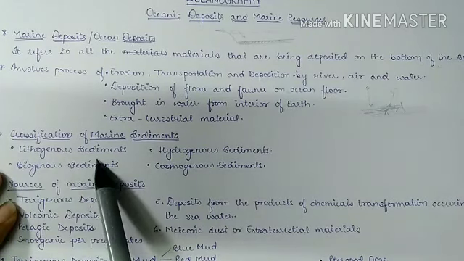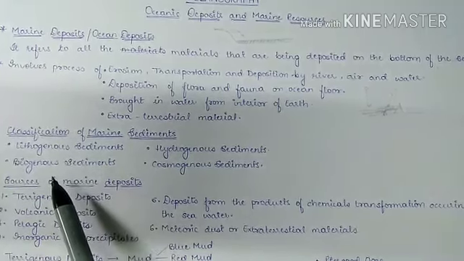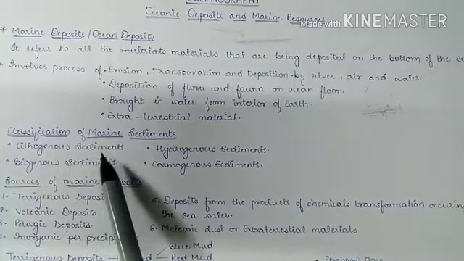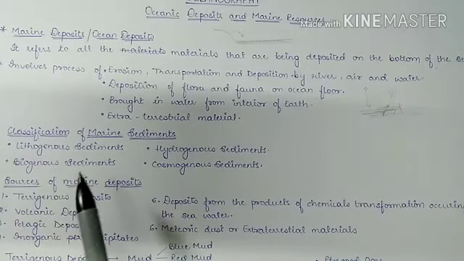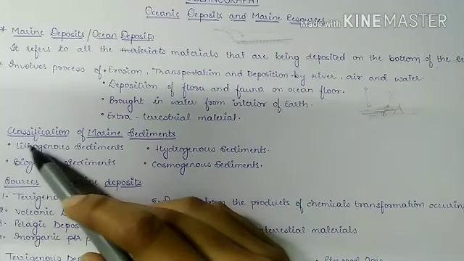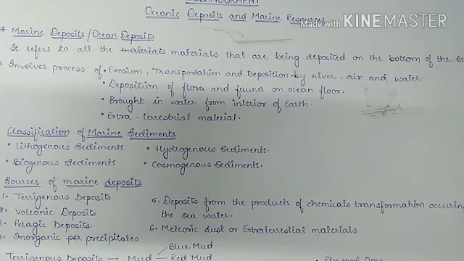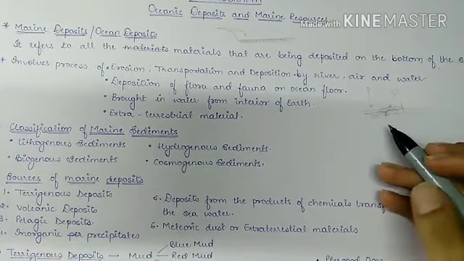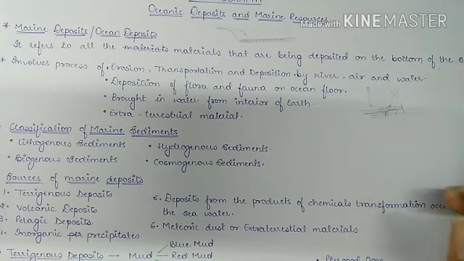Now lithogenous sediments, as the word suggests, are derived from rock. Thus we can say that the source of lithogenous sediments is the rock of the earth's crust. In this type of sedimentation, there are two processes responsible for the weathering of rocks, whether igneous or sedimentary: disintegration and decomposition.